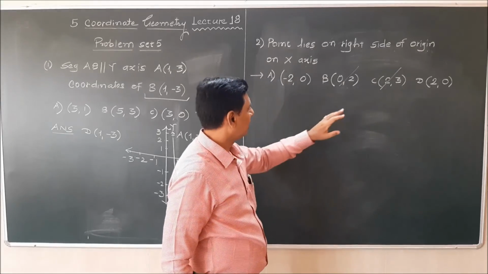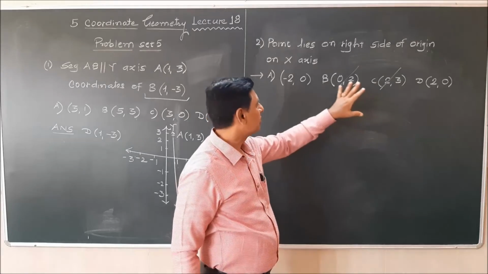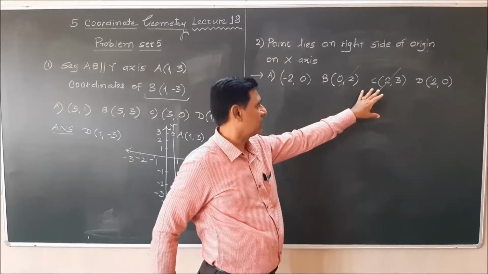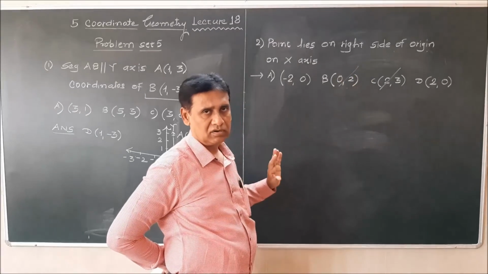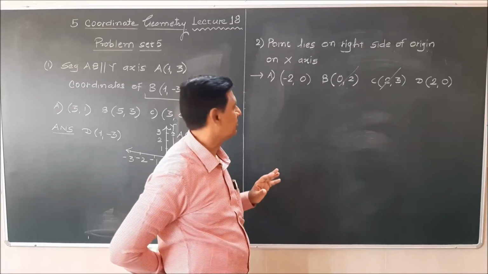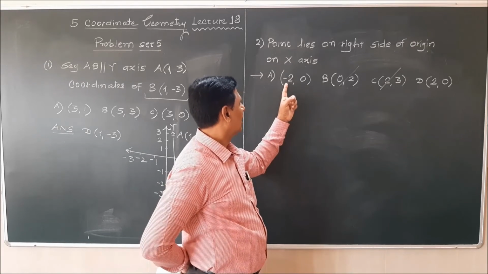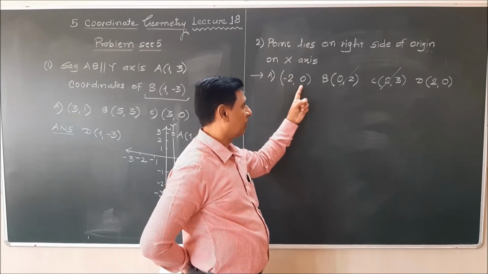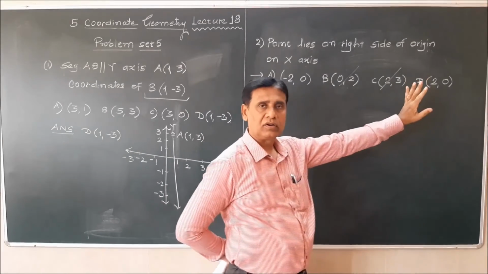In this case the y-coordinate is 2 and in this case 3. So surely points B and C will not lie on the x-axis at all. Now we have point A with coordinates (-2, 0), as well as (2, 0), where the y-coordinate is 0.